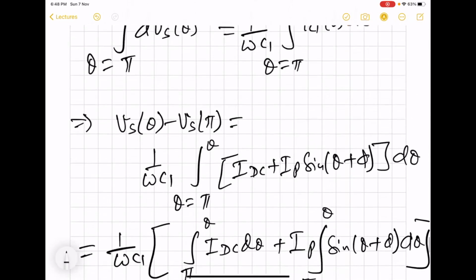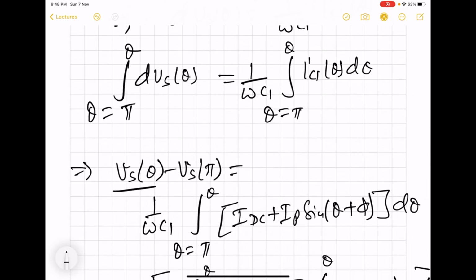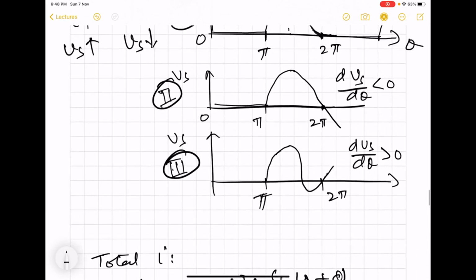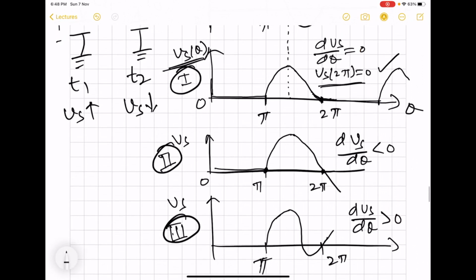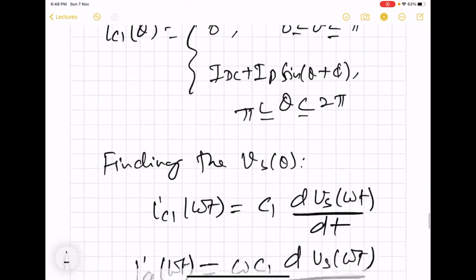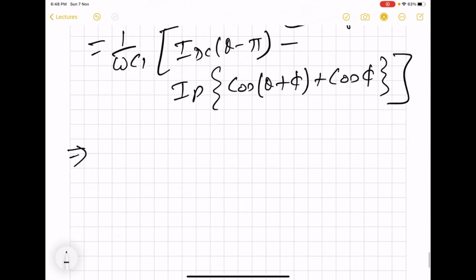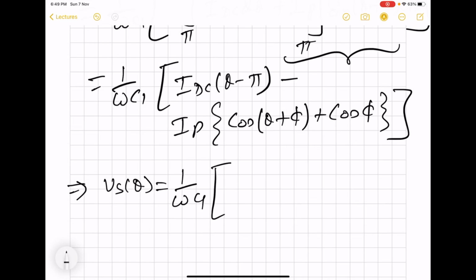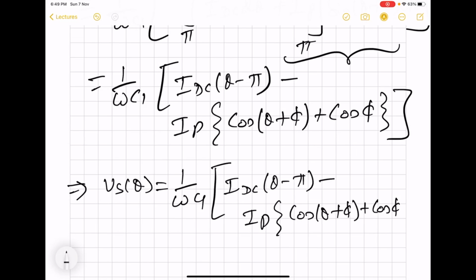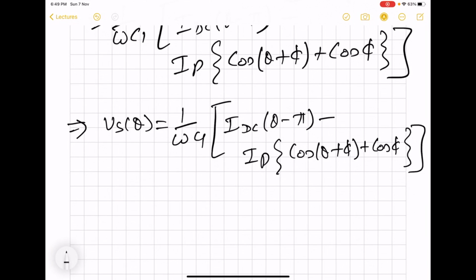So now on the left hand side, we have two terms, Vs theta, which we want, and Vs at pi. So we can see that Vs at pi is going to be 0 here. So the second term on the left hand side becomes 0, and what we have is only Vs theta equal to this, which is going to be the voltage across the capacitor.